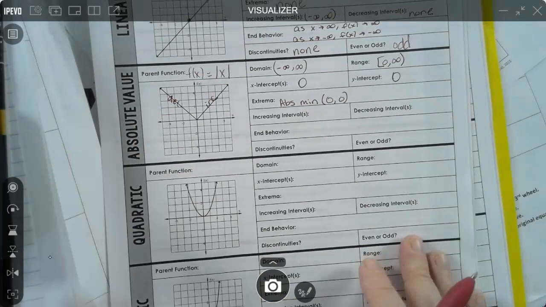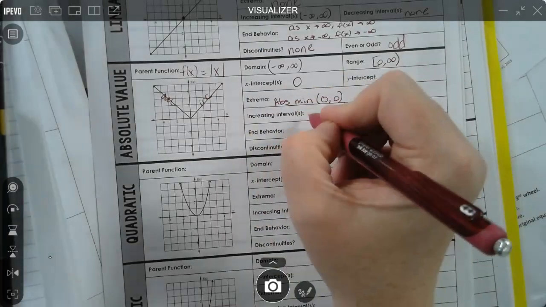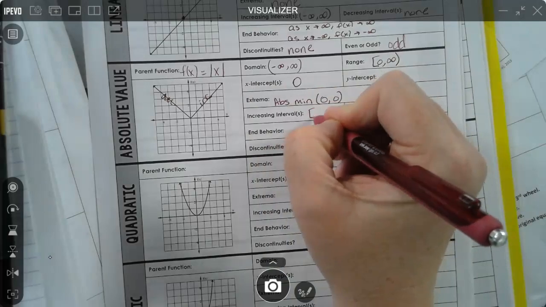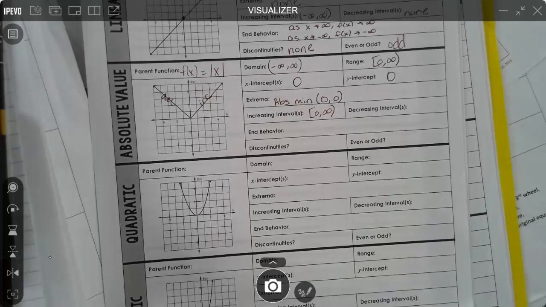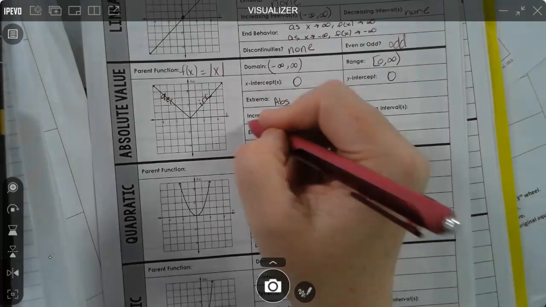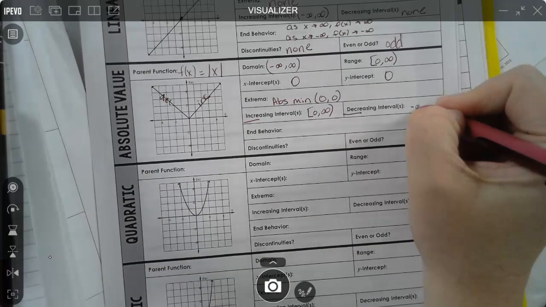So now I just have to describe it. 0 to infinity. Now, remember, I use X to describe increasing and decreasing. Y'all wanted a review for that quiz, so this is a good review. Decreasing. Negative infinity to 0.